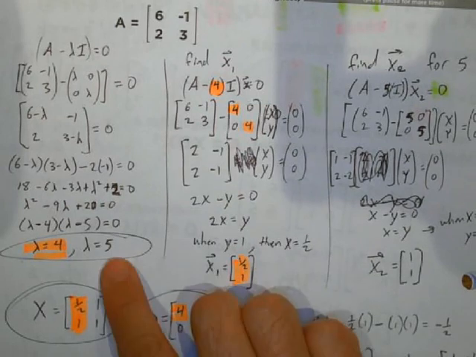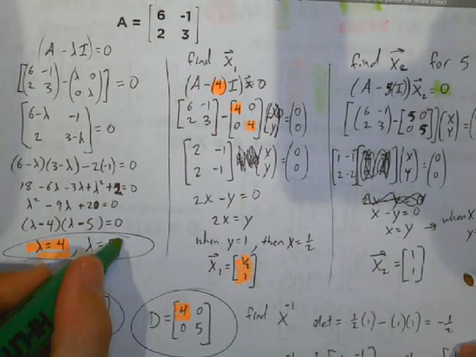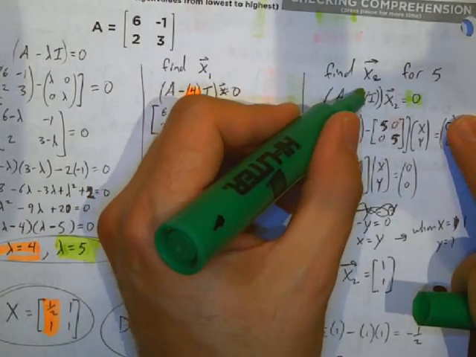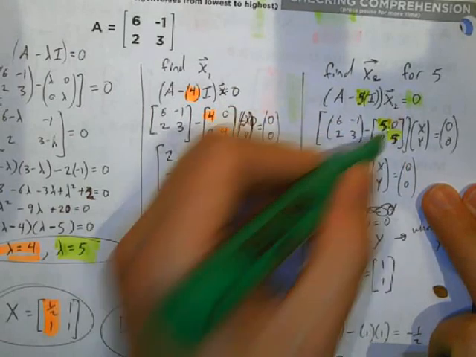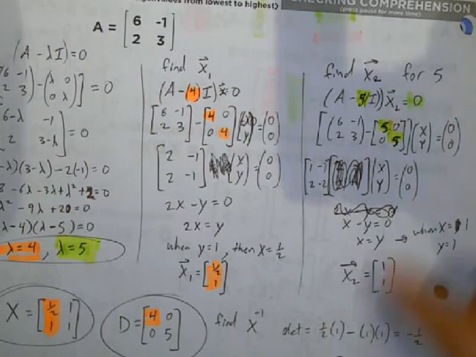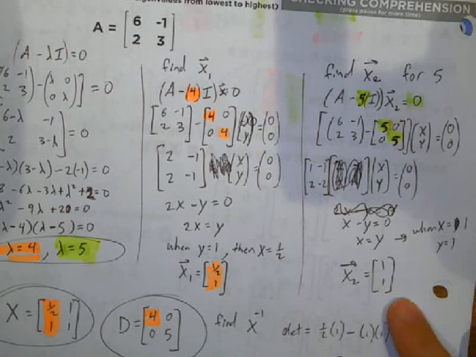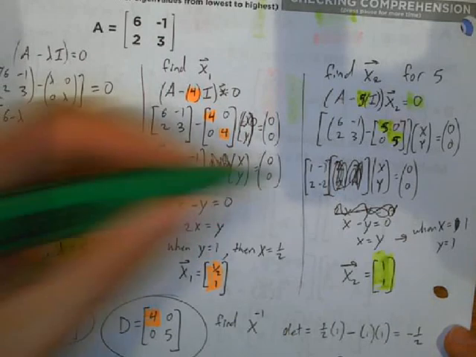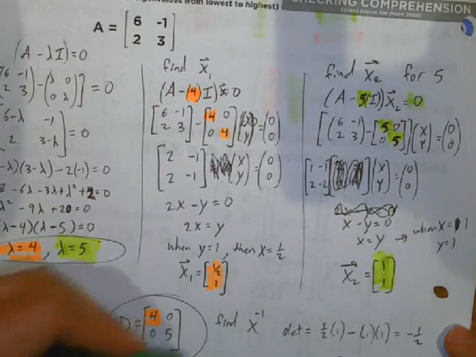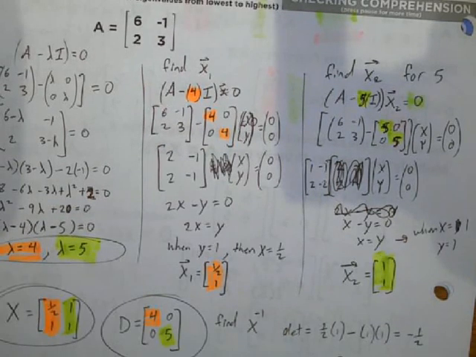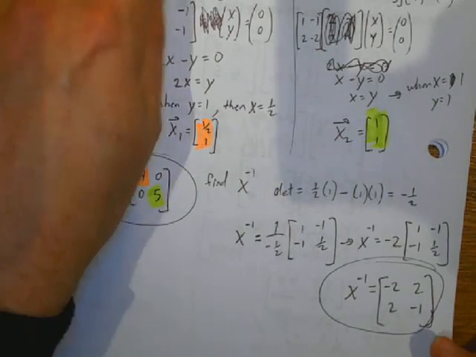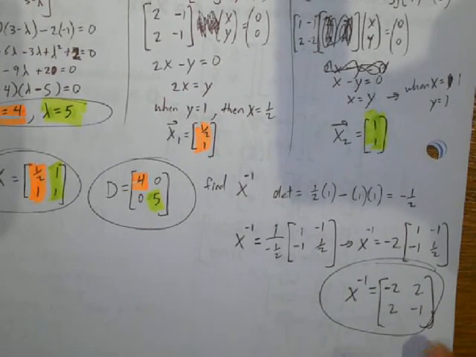If I've got this 5 here, then I'm going to plug in 5 instead of my eigenvalue. My eigenvalue is 5, so I'm plugging that in. And then I go through the same process, and I get my eigenvector of 1. Okay. And then I go through the determinant, and then I get this part here. Okay. Oh, all they wanted us to do is to find this, this, and this. All right.